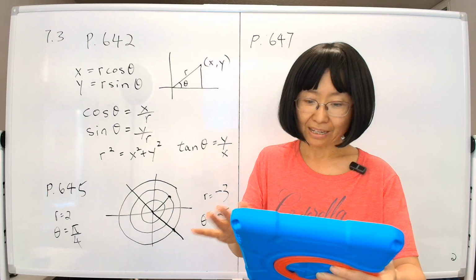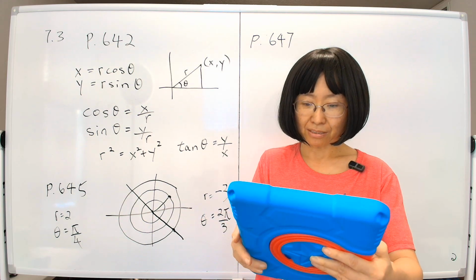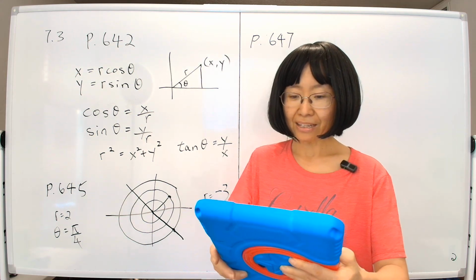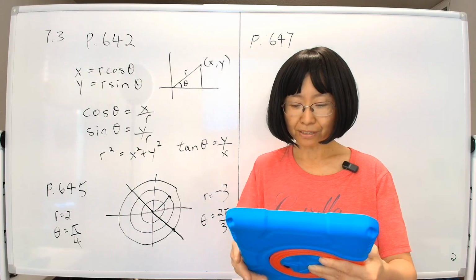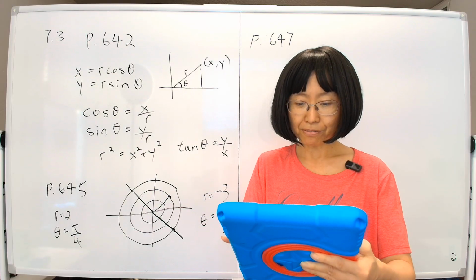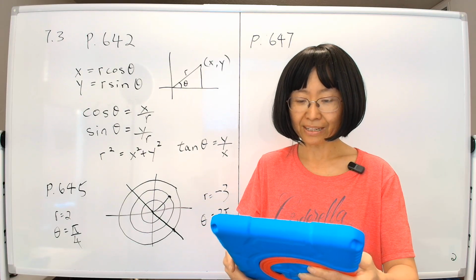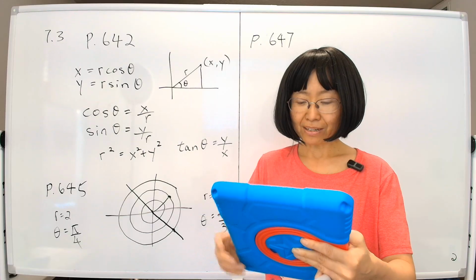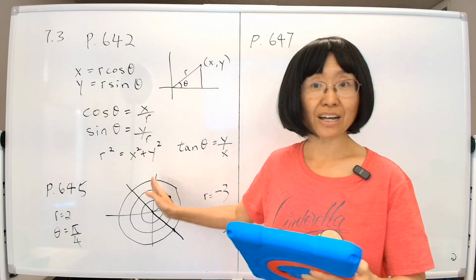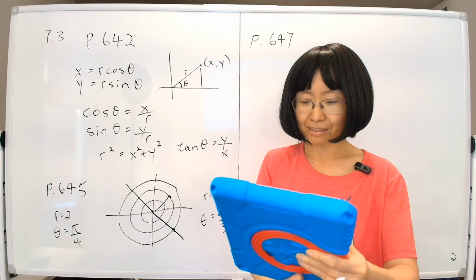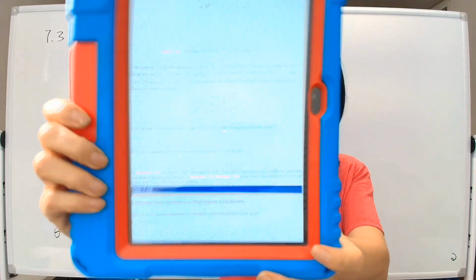In any case, it's good to plot this once, and then it looks like a circle. But can you prove that it's a circle? Yes, you can prove it by manipulating the algebra. You solve for x and y, and sooner or later you realize this is a circle.